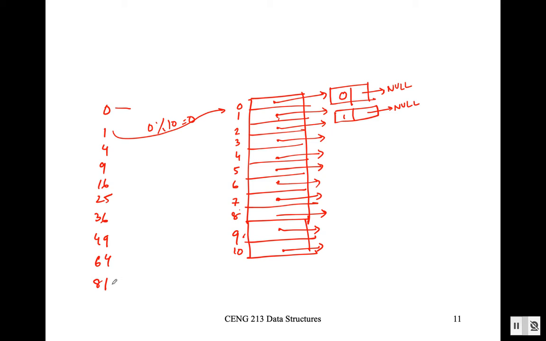Now let's insert 81. 81 mod 10 is also 1, so that is going to create a collision. So I'm going to go to index 1. There I have the linked list, and I'm going to insert the new value at the front of the linked list.